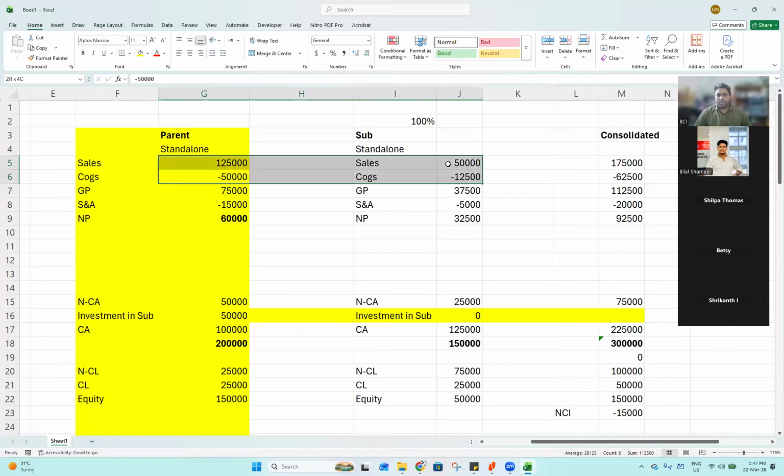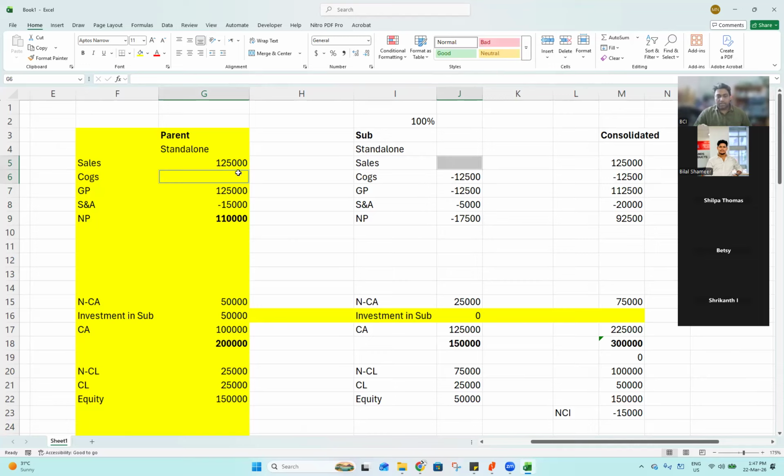When we eliminate this, basically we are eliminating these two transactions. So what happens here? There is a profit inside this, right? That profit also will get eliminated. Got it?